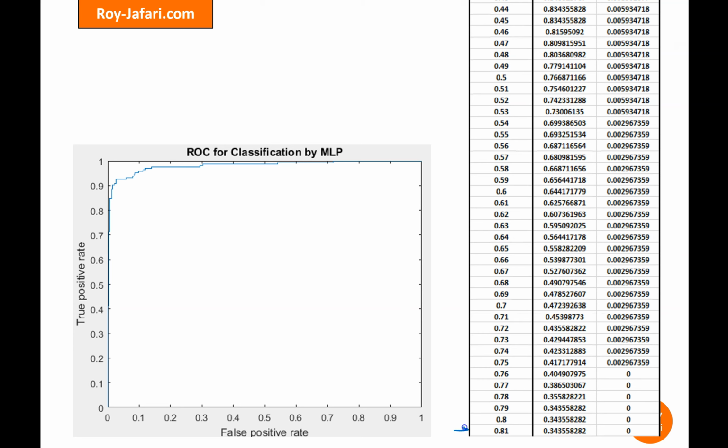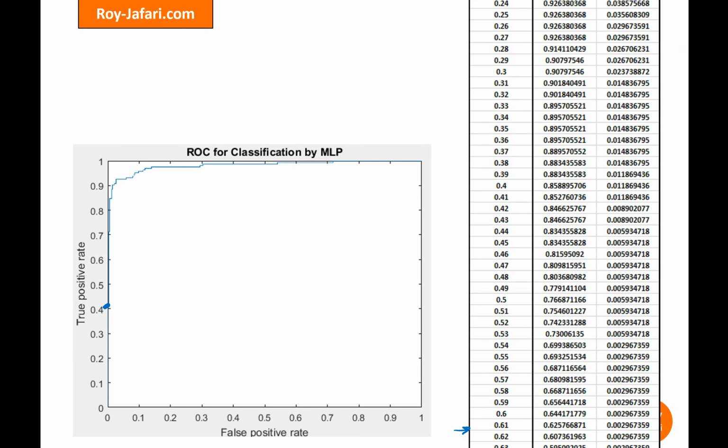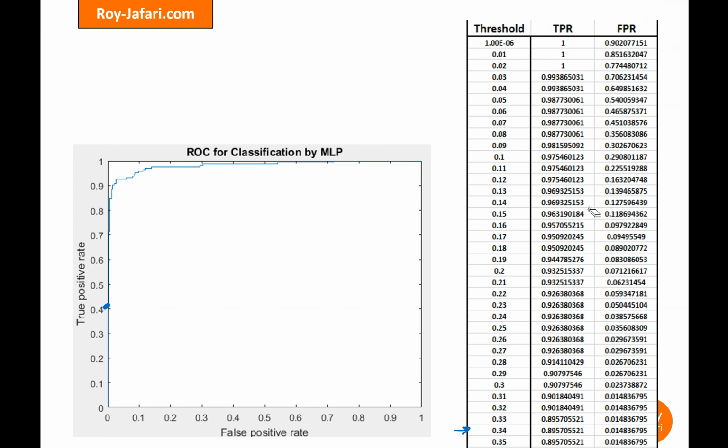So for example, let's find this point. 1 minus 11 is around 90, so it's around here, that point.